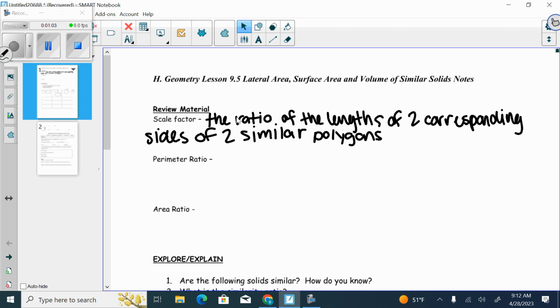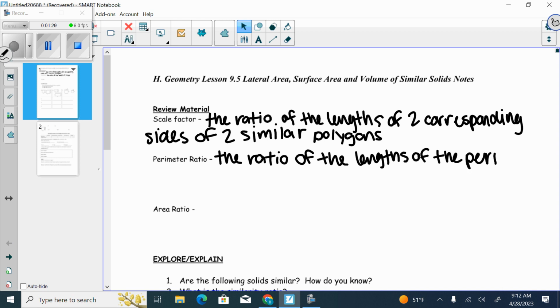Okay, our perimeter ratio, pretty much the same thing, right? You're just comparing the perimeters, which comes from the side lengths of two similar polygons. So the ratio of the perimeters of two similar polygons.